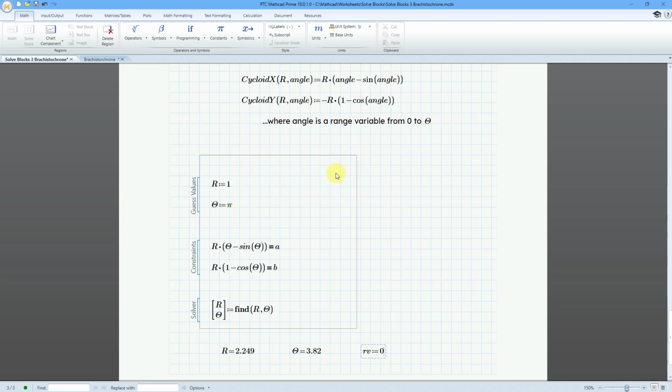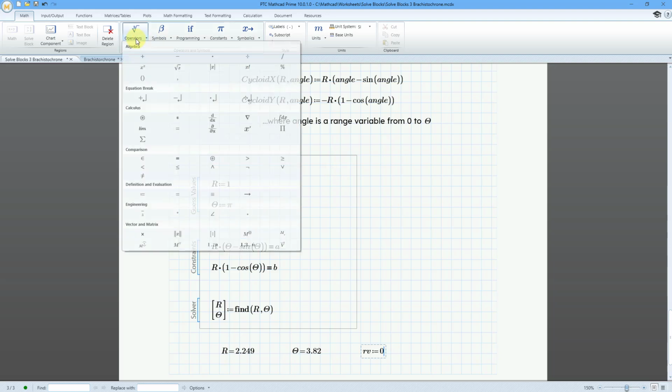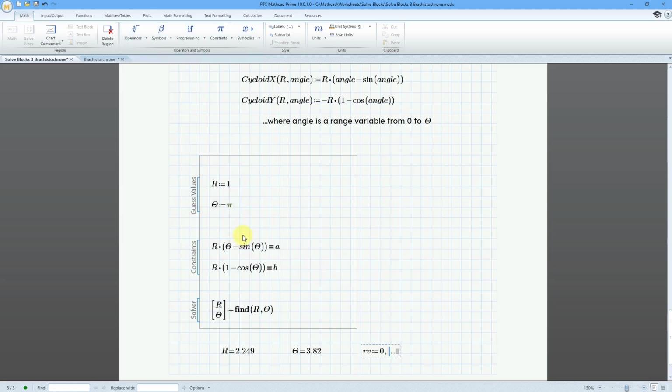So rather than using the regular range variable here, which would use a unit step, we can use this one, which is the keyboard shortcut of the comma. And so the increment, I will use 0.01, nice small value. And then in the other placeholder, I'll just use my right arrow in order to move to it. Well, this is going to be our angle theta. Let me go to symbols and then theta.